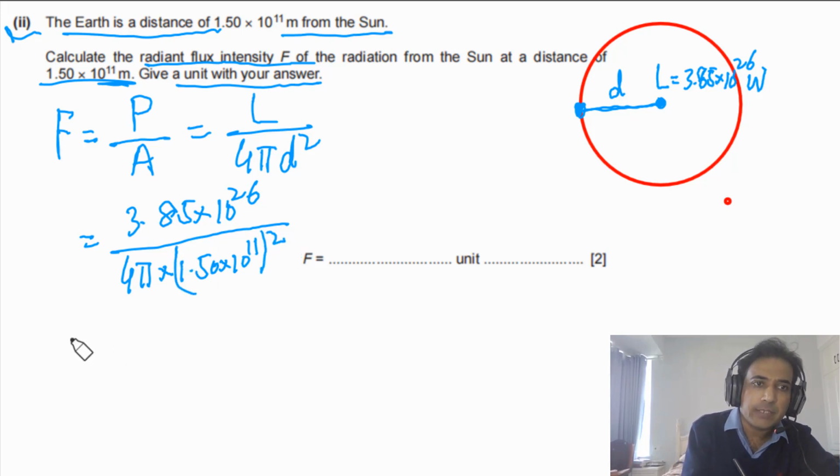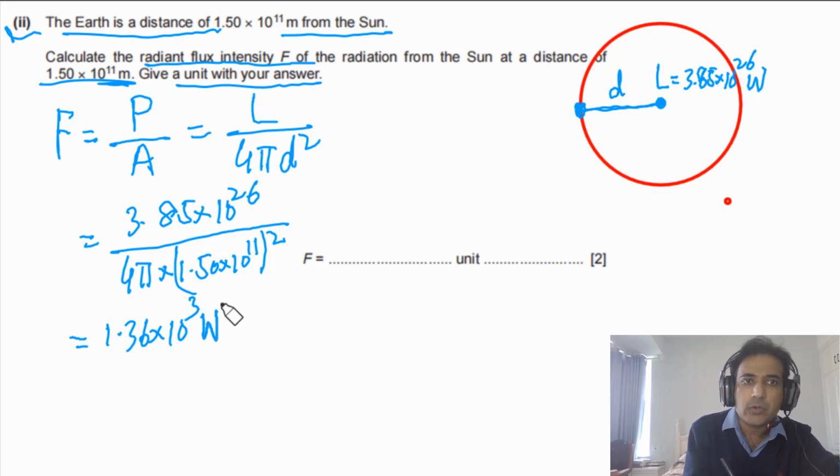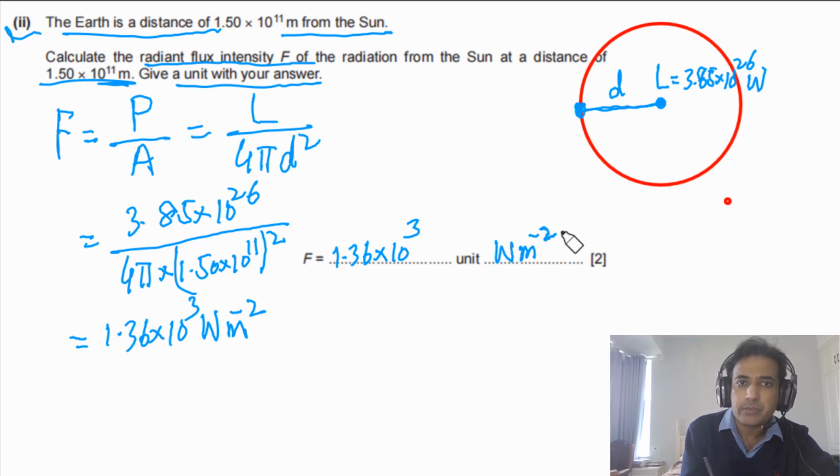And if we simplify this one, we will get 1.36 times 10 to 3 watts, and unit of distance is meter square, so per meter square. So we can write here 1.36 times 10 to 3 watts per square meter. So the unit of luminosity is watt, unit of distance is meter. So this is simply how you need to answer.